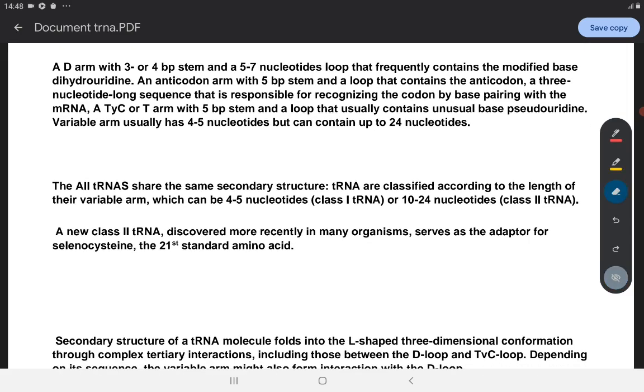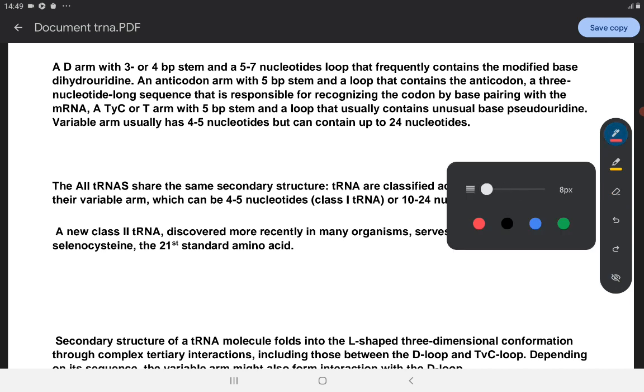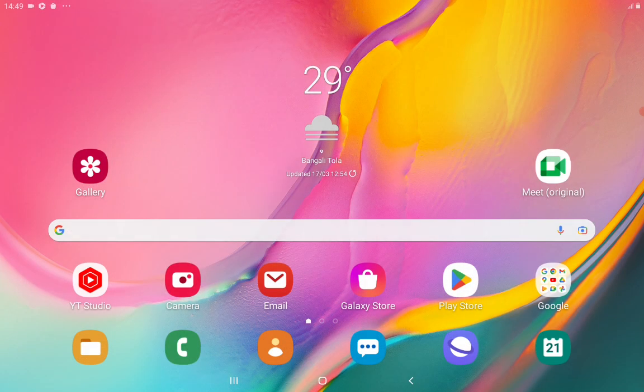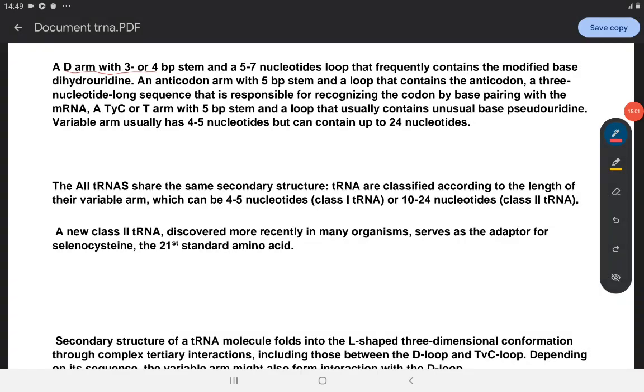So the D arm has a 3 or 4 base pair stem and a 5 to 7 nucleotide loop that frequently contains the modified base dihydrouridine. So D arm, like I said, contains dihydrouridine, which is a modified base.